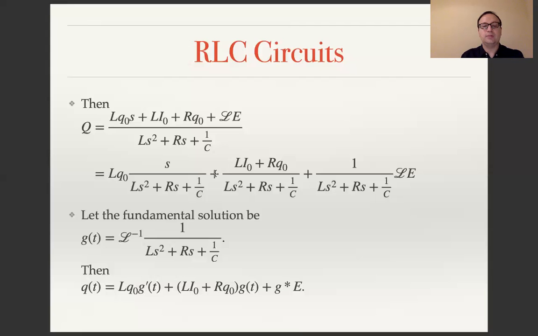And then it's plus the inverse Laplace transform of LI0 plus RQ0 over Ls squared plus Rs plus 1 over C. So this is just LI0 plus RQ0 times g itself.